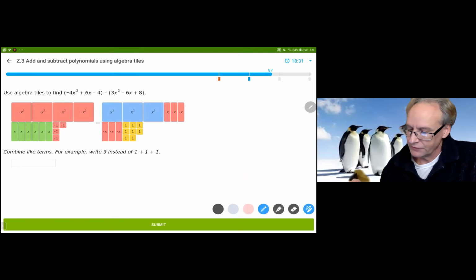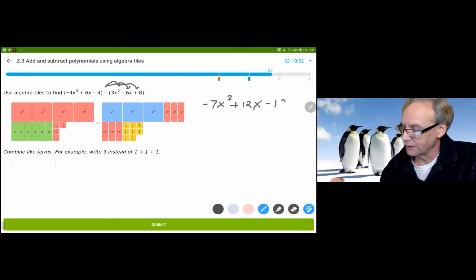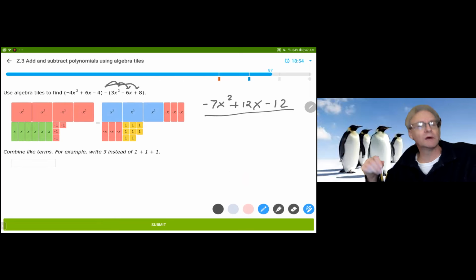Okay, we're subtracting. So for me, distributing that negative just makes all kinds of sense. We have negative 7x squared, 6x plus 6x is plus 12x, and negative 4 minus 8 is minus 12. That is so much easier.